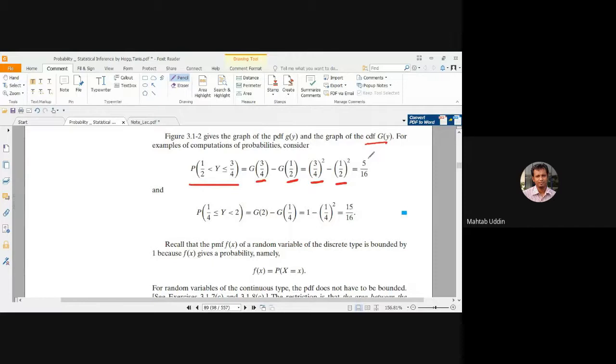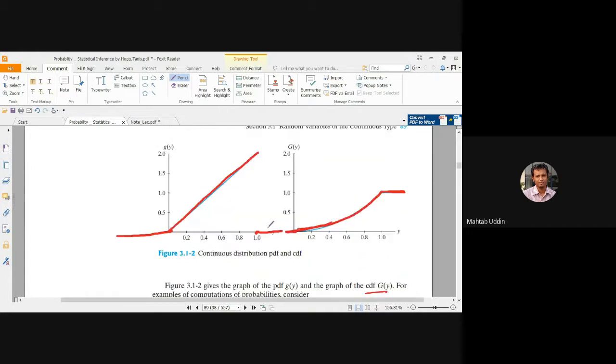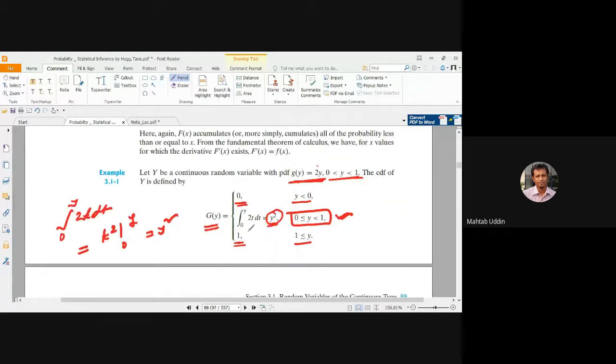Then the probability of 1/4 less than or equal to y less than 2 is G of 2 minus G of 1/4. Now 1/4 is within the set, so it is 1/4 whole square. But 2 is outside of the interval, where the interval is already completed.